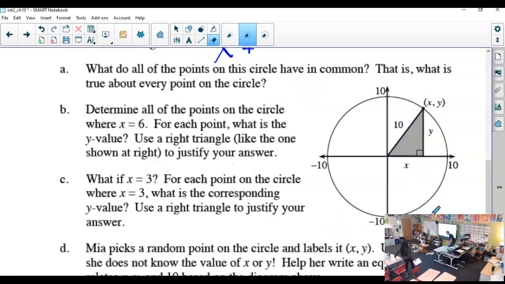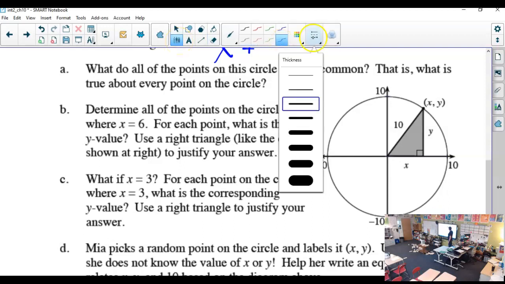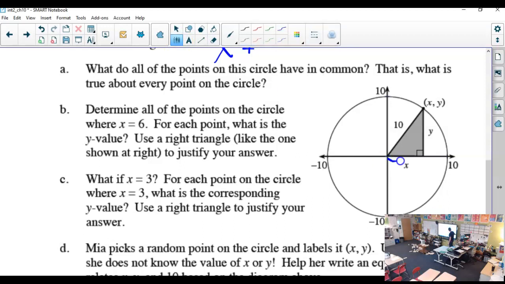No. Not 9. If the x value that we have gone out to is 3, but same circle, same radius, same center, we get radical 91.